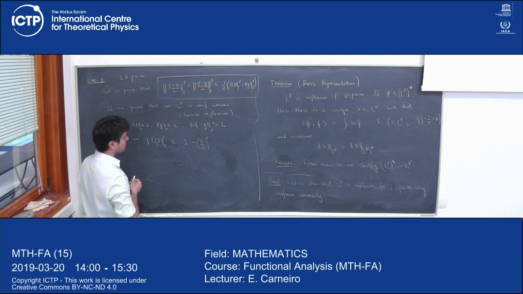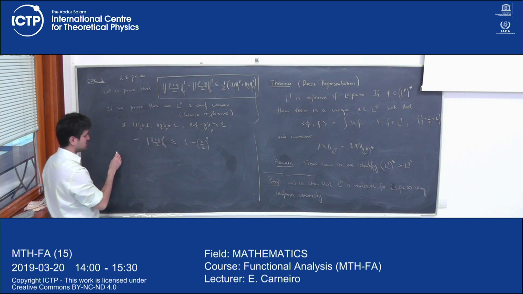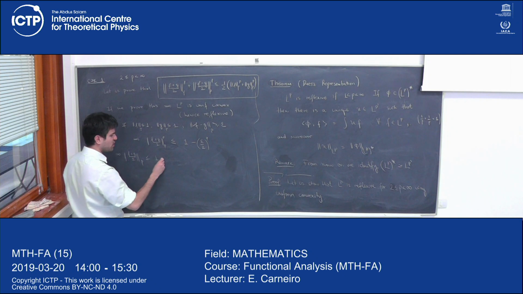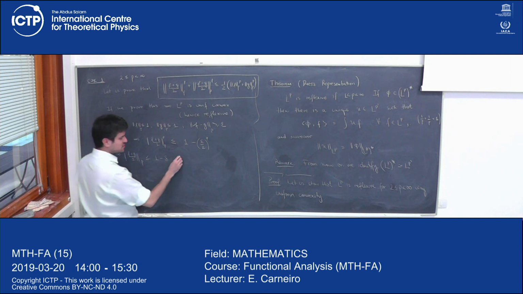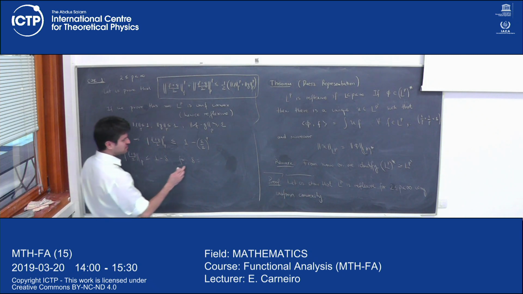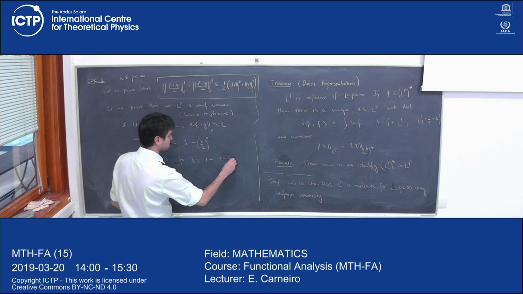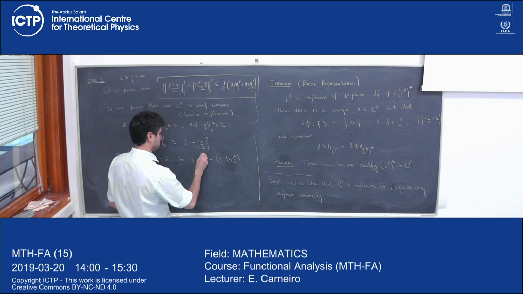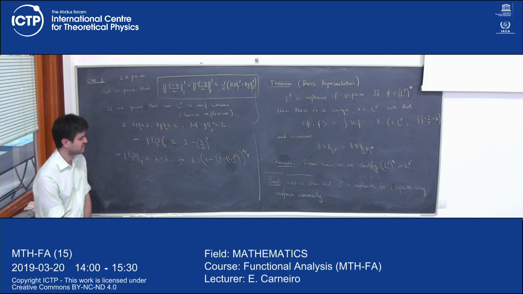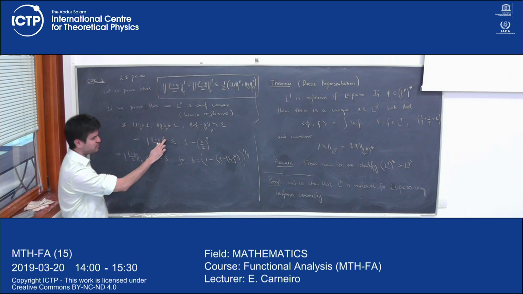What I wanted is that the norm of (f plus g) over 2 is less than or equal to 1 minus delta, for some delta.